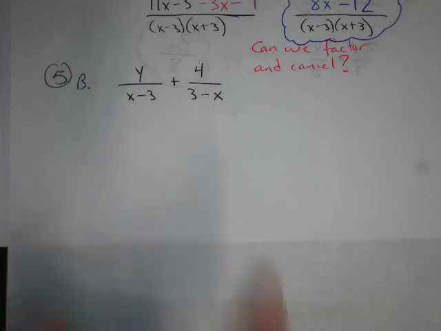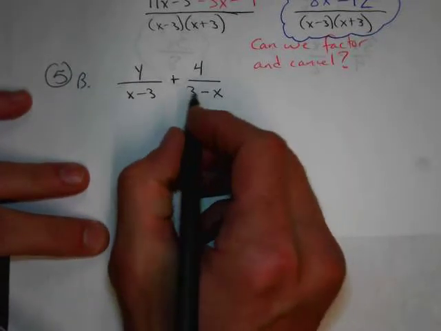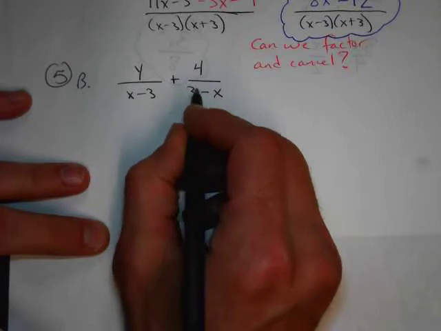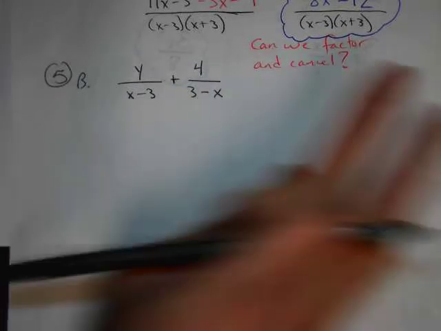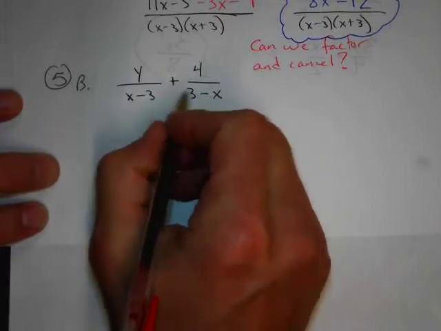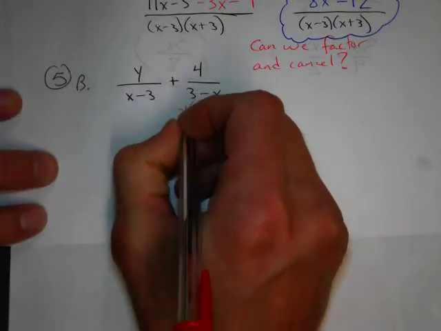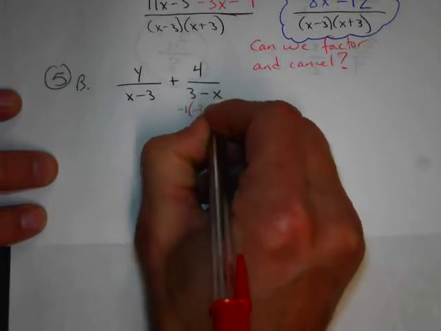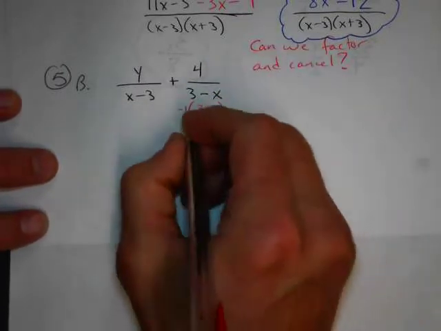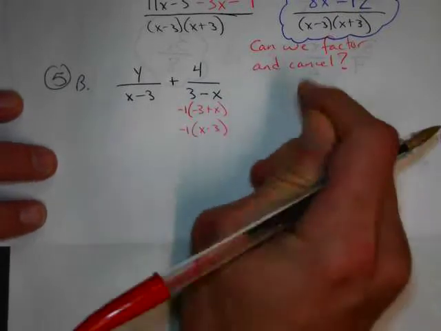However, if you recall from the previous lessons on simplifying rational expressions, if we could factor out a -1 from one of these, it would totally look the same. So you know what, we can do that. I'm going to factor out a -1 from here. If I factor out a -1, I have -3 plus x, which is also -1 times x minus 3, right?